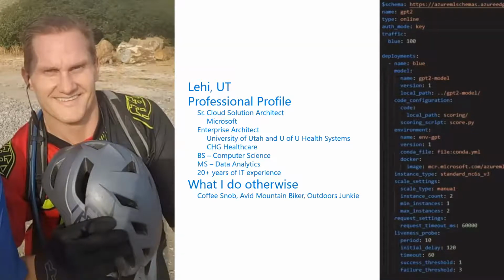Prior to joining the Microsoft team, I was filling enterprise architecture roles for about 6.5 years as the chief architect for the University of Utah and U of U Health Systems, running the enterprise architecture department there, and then CHG Healthcare as well. I have a bachelor's in computer science and a master's in data analytics. And honestly, I've been around IT since before IT was cool. That ages me a little bit, but that's okay. I think a lot of us have been around for a long time.